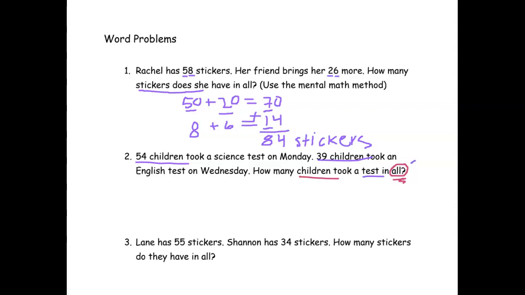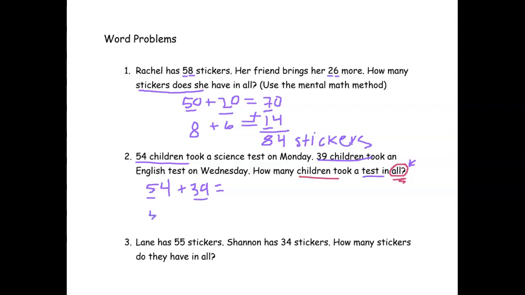Okay, now let's try to solve. First, what does all mean? All means everything, right? So we add 54 and 39. Let's add the tens first. 50 in the tens place and 30 in the tens place.